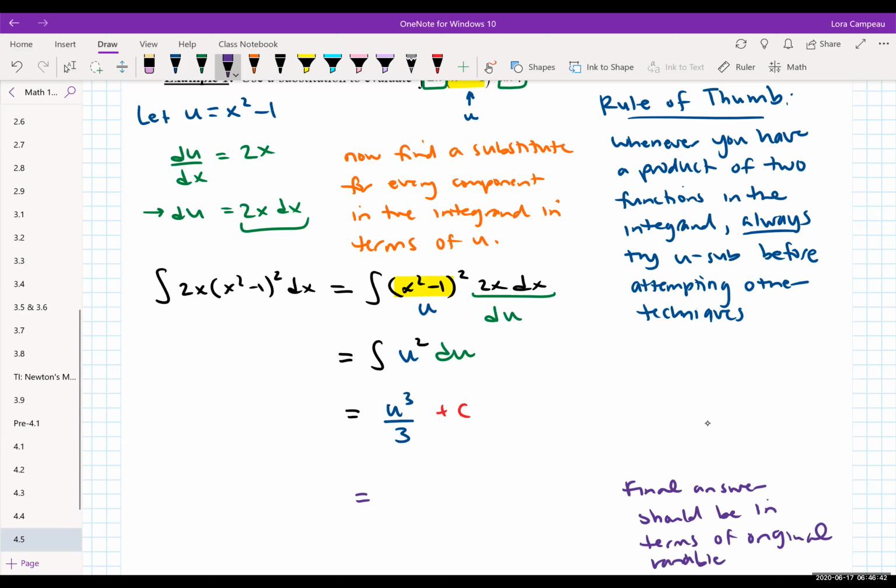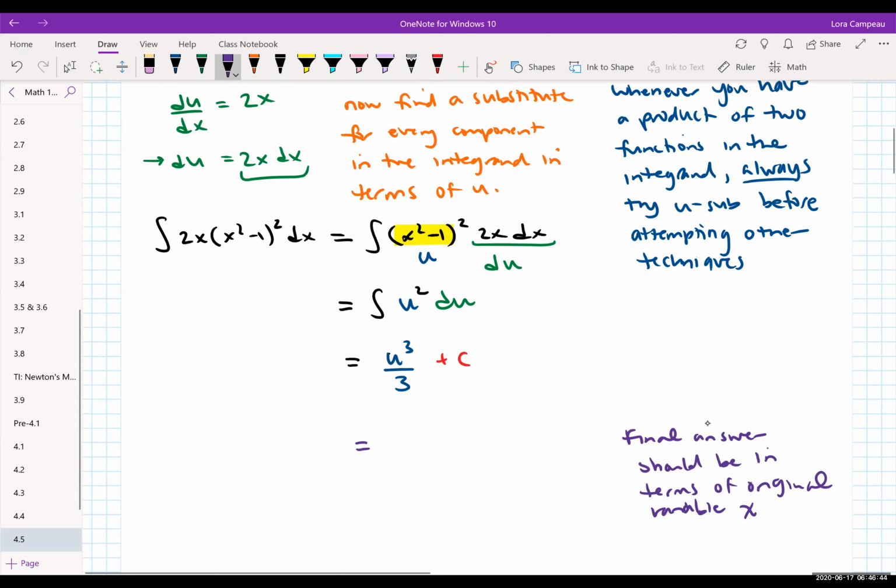In our case, it was x. So just go back and say, well, what did I make u equal to? u was equal to x squared minus 1. But now, when that gets substituted back in, it was all over 3. And then we have a plus c.